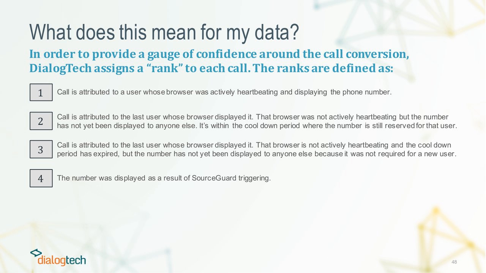So that's our most confident use case. We know they were viewing the phone number, and we know they called the phone number. The chances that it was somebody else calling that phone number, or that they didn't intend to call that phone number, are pretty slim. Number two is that they were in the cooldown period when they called. Number three is past that cooldown period.